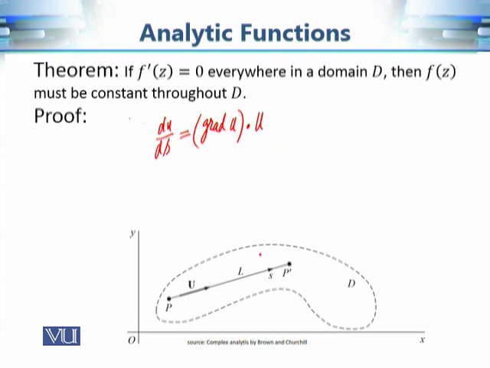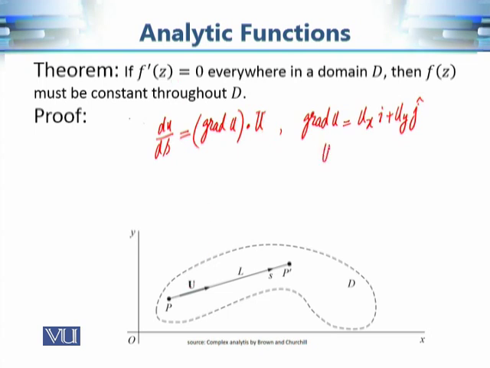Now the point is, what is the gradient of u? We know that the gradient of u is u_x i plus u_y j. Note that this u is different from this unit vector, and this u is the component of f.